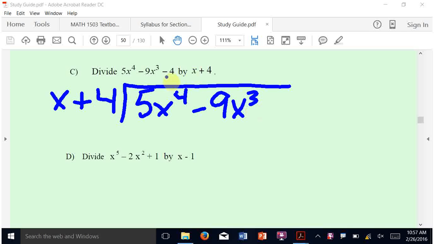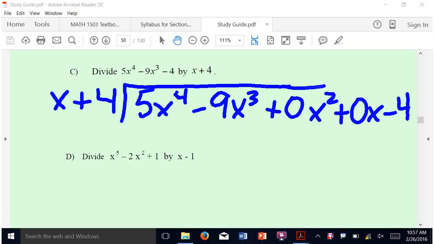And then you'll see we don't have an x squared or an x term, but I'm going to write them in by multiplying by 0. So plus 0 times x squared plus 0x minus 4. Okay, so our three steps were divide, multiply, and subtract.